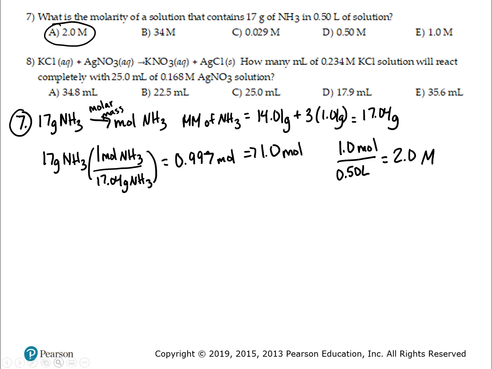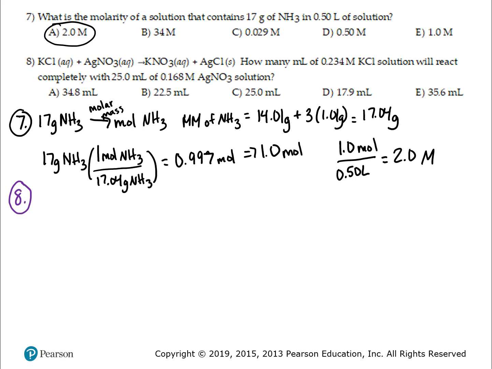I'll do number 8 in a different color. So with 8, we've got a balanced equation, and we're asked how many milliliters of 0.234 molar potassium chloride solution will react completely with 25 milliliters of 0.168 molar silver nitrate solution.